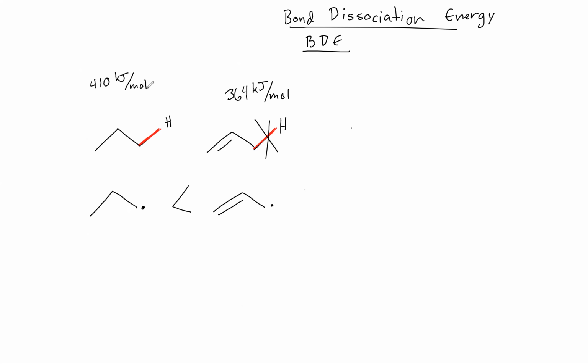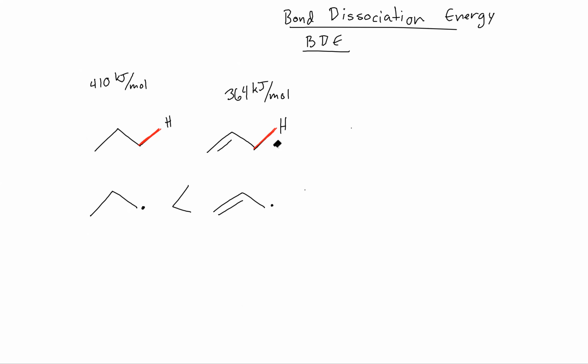So we can see here that if we create a more stable sort of intermediate, whether it be a radical intermediate or a carbocation intermediate, the bond dissociation energy goes down, because it's easier to break that bond because it will form a more stable intermediate. So that's sort of the rundown of the stability of free radicals and the relationship between bond dissociation energy and radical stability.